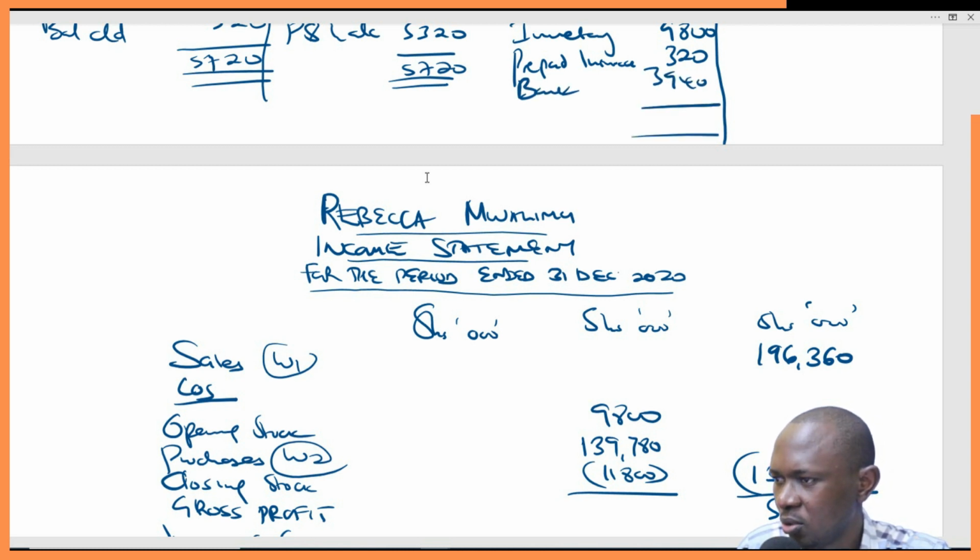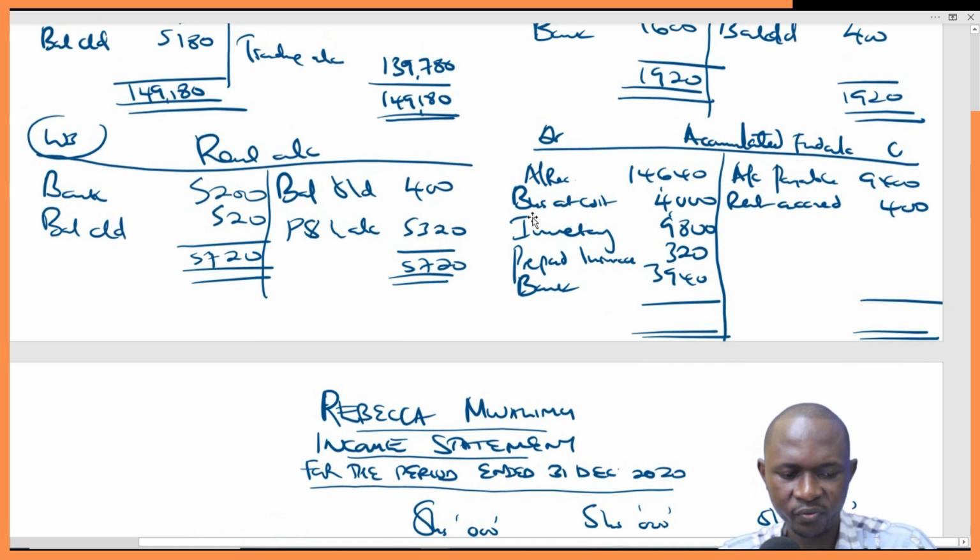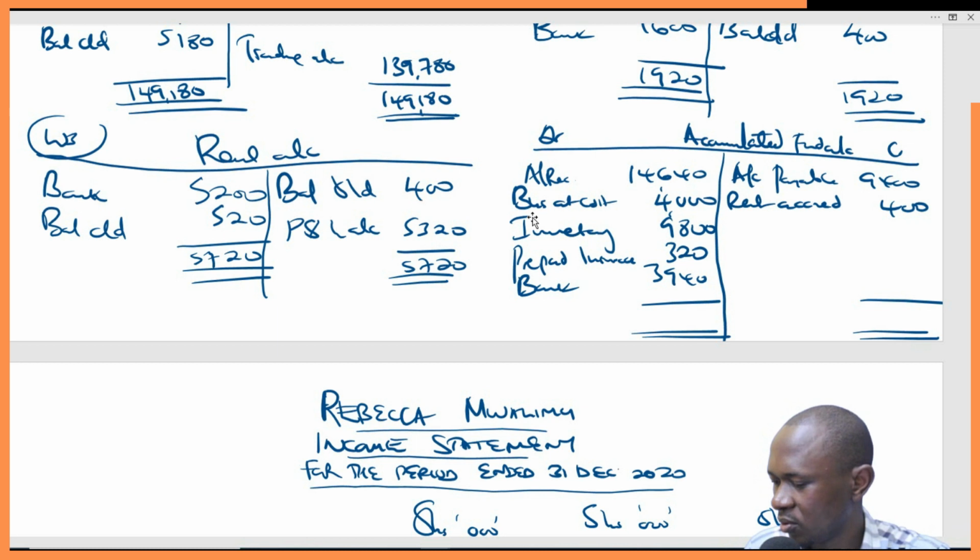So let's get the total. This will be 14,640 plus 4,000 plus 94 plus 320 plus 3940. This gives us 32,700.